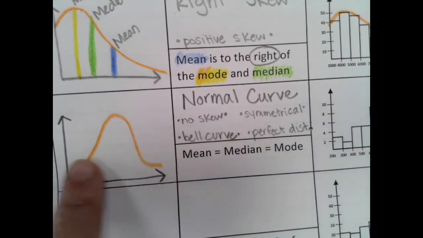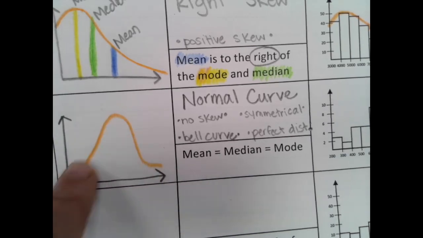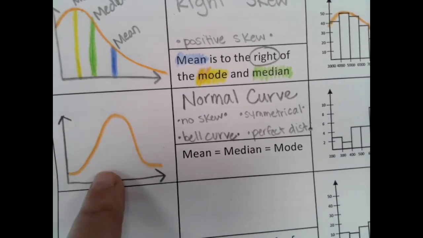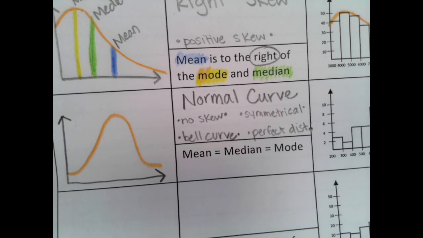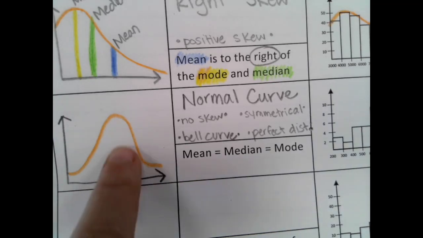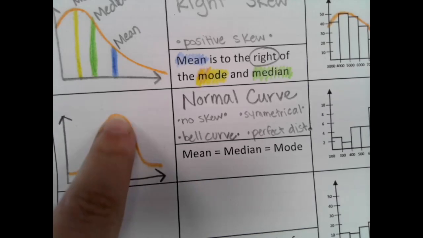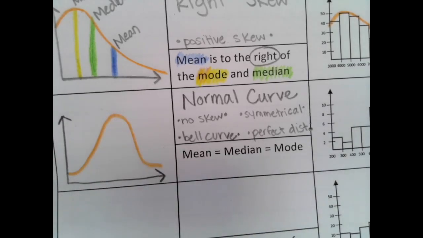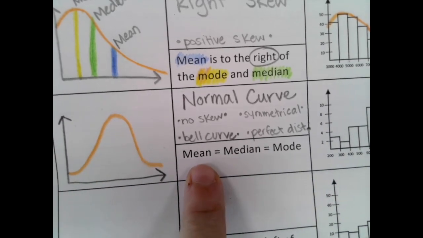So that's our whole point of this normal curve, and that's where we really see that. Another part where we want a normal curve is when we want something to be pretty exact. Tomorrow we're going to run some experiments. We're going to do some testing on some products to see if those products overall on average are the same amount every time, or if it changes a lot. So this is where our mean is equal to our median, which is equal to our mode.